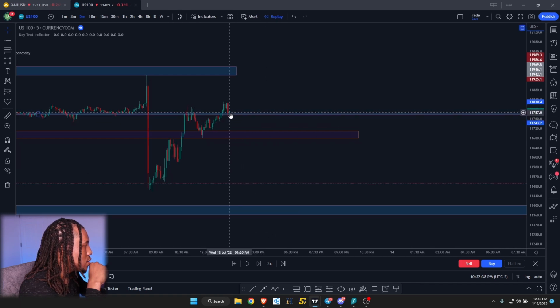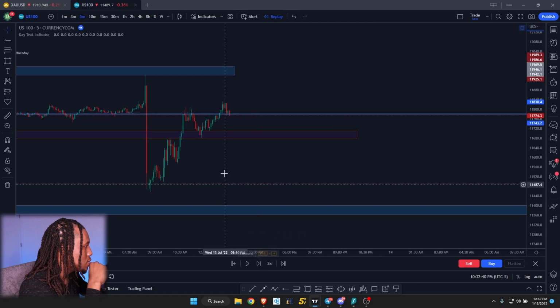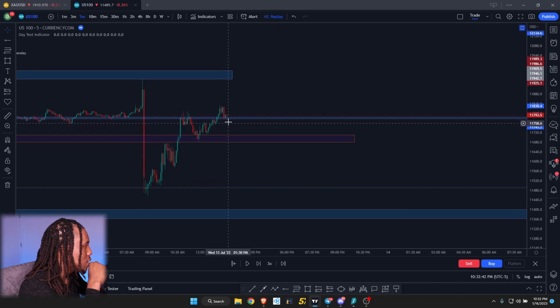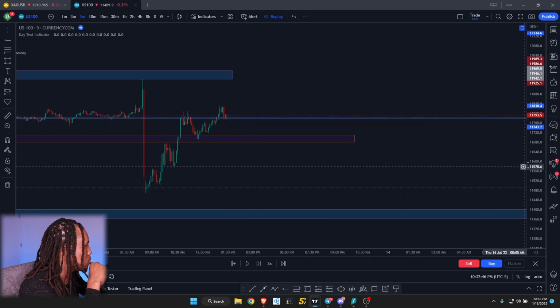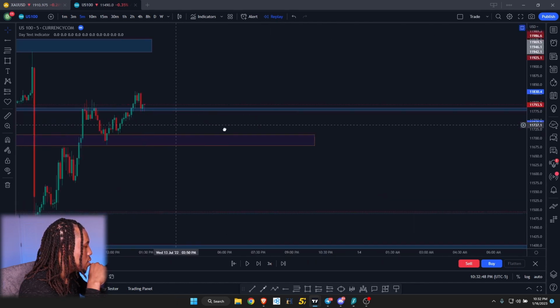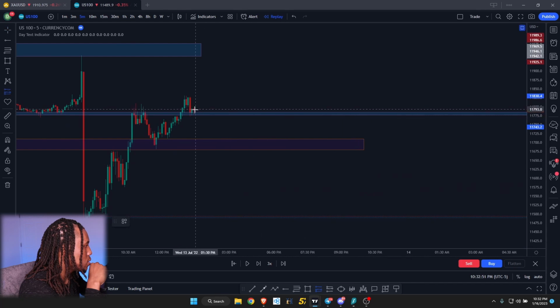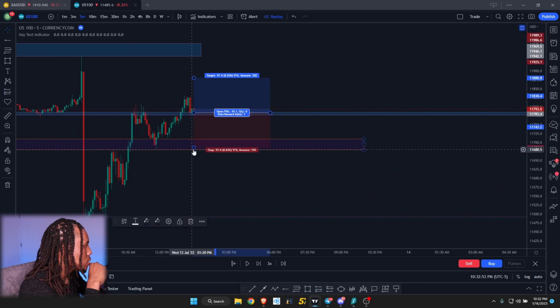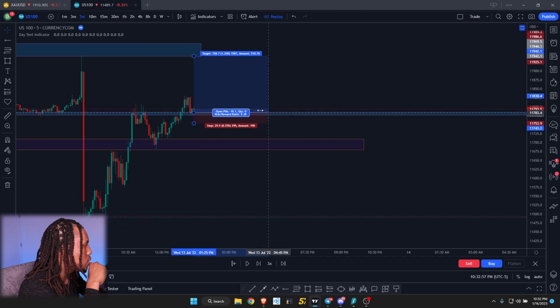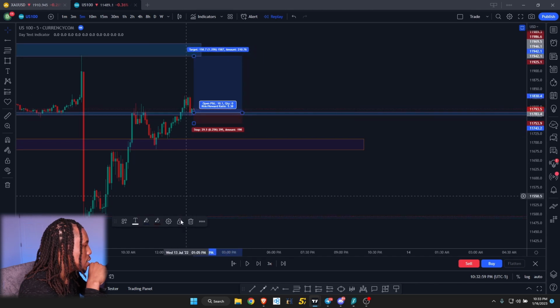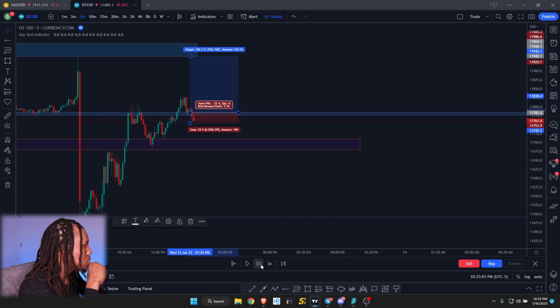I'll take that right there, that bullish candle. Now we have weakness to the downside. We have a pin bar. Yeah, I'll take that entry right here at this wick. Stops, targets to this zone right here. And I just want to be mindful of the time, right? So let's see here.